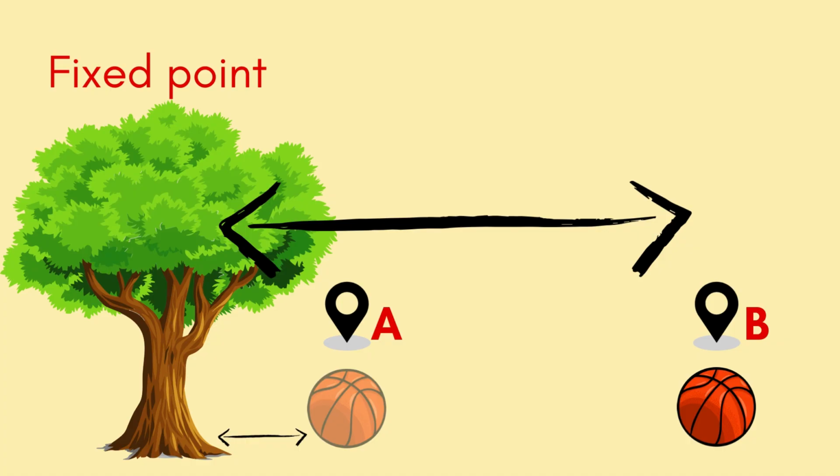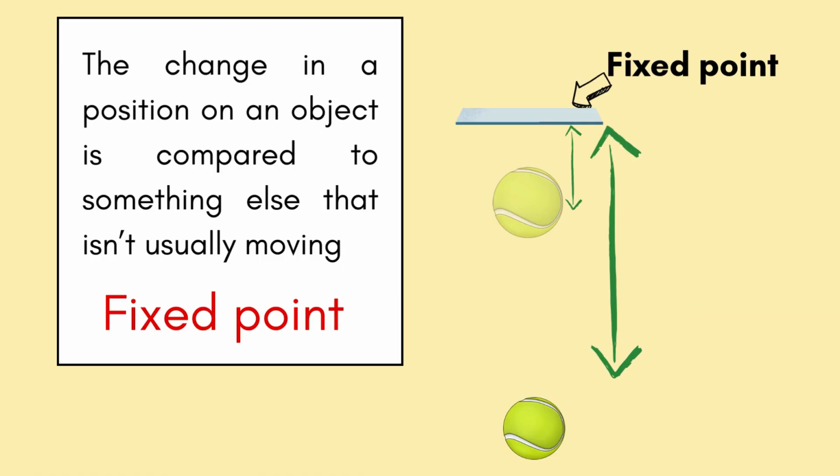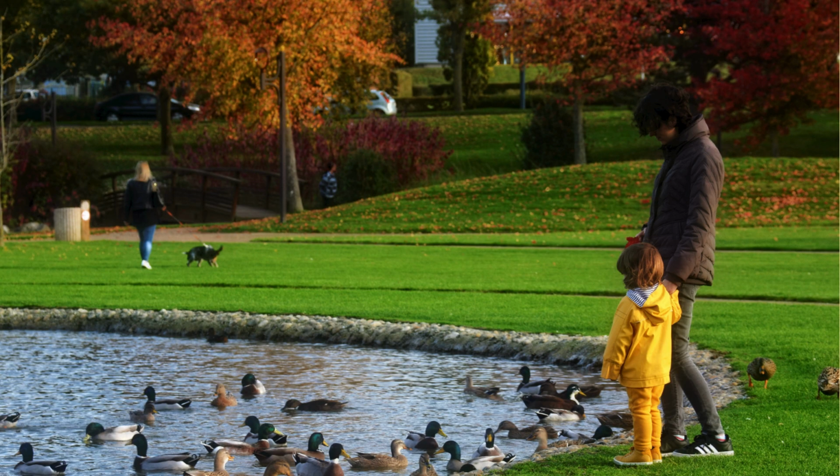So as we see here, the ball was in position A, near to the tree, and it moves to position B. So we can compare the change in position by using this fixed point, which is a tree. The change in position of an object is compared to something else that usually doesn't move, and this is called a fixed point.